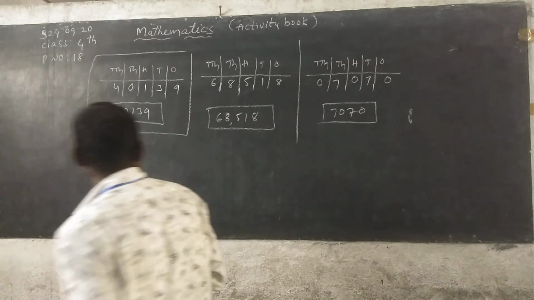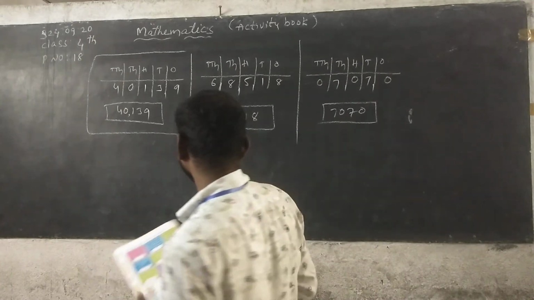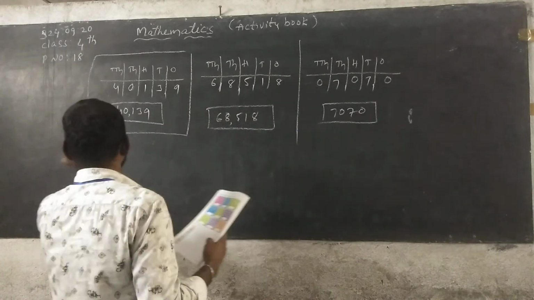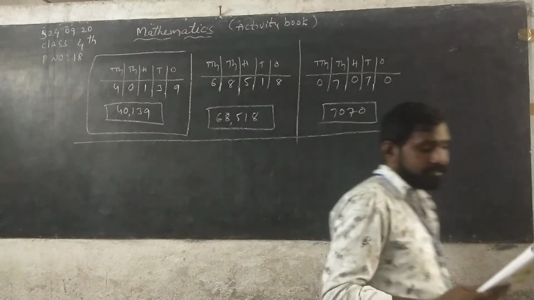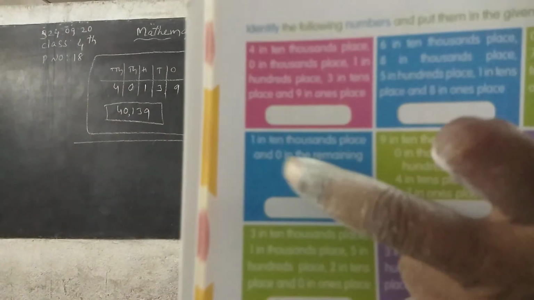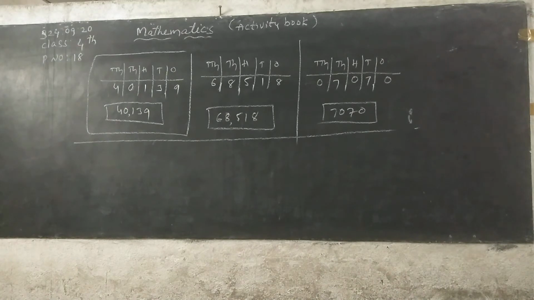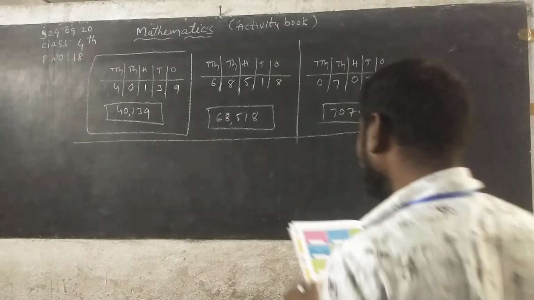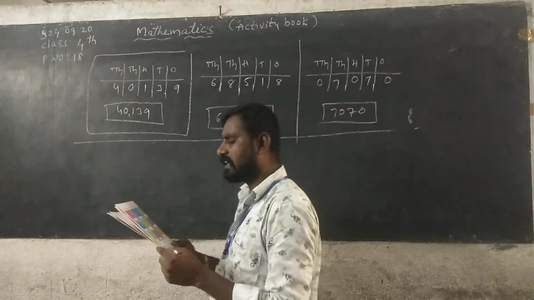Now second row, first one, blue in color. See here, 1 in 10,000's place and 0 in remaining places.